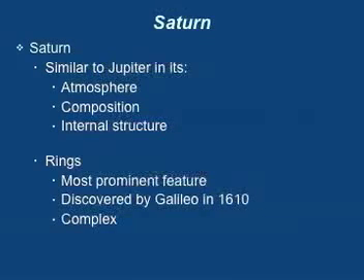All right, Saturn. Saturn's similar to Jupiter. It's large, it's gassy, it's got a lot of moons. Its most famous feature is obviously the rings. Again, Galileo, we've got him to thank for it. His primitive telescope sure discovered a lot of stuff. And the rings are actually really, really complex.